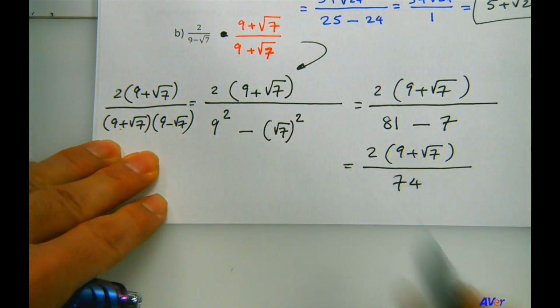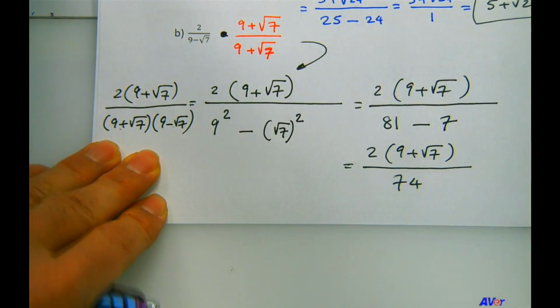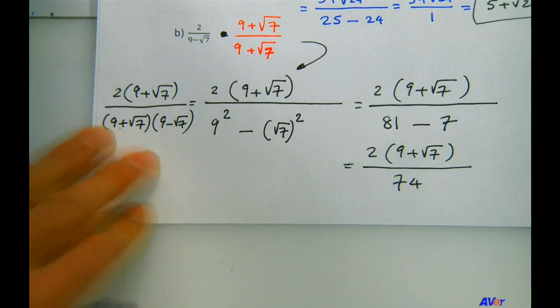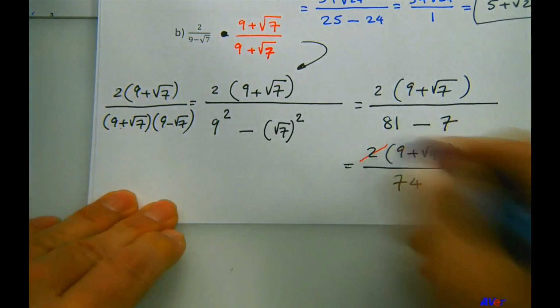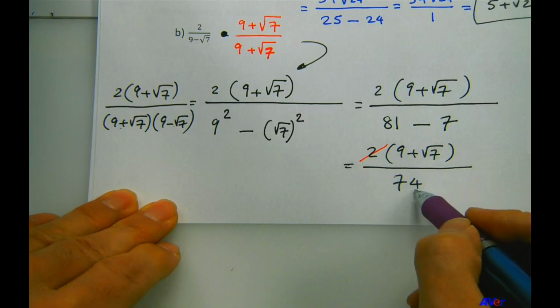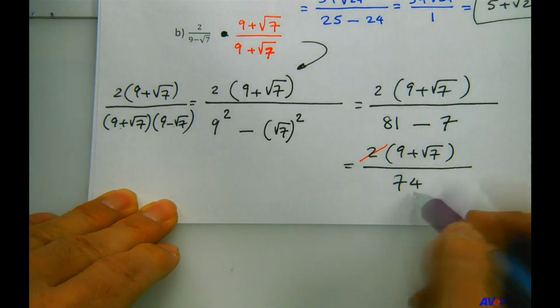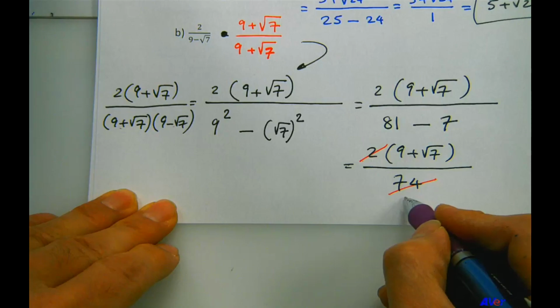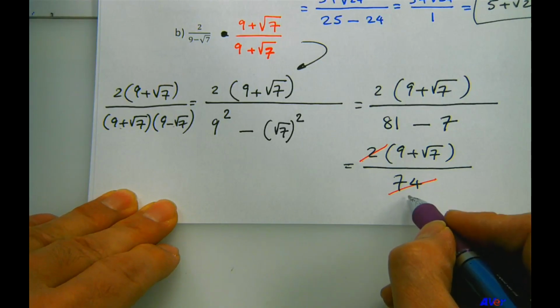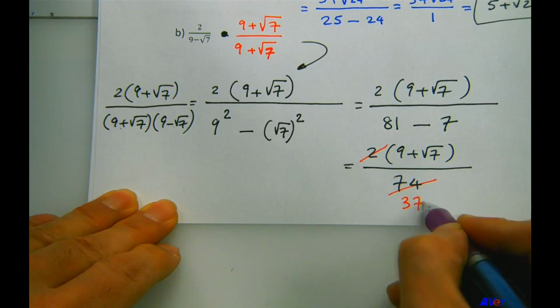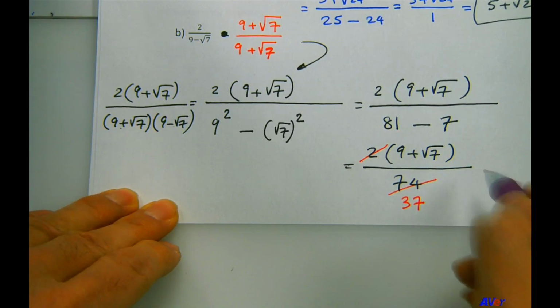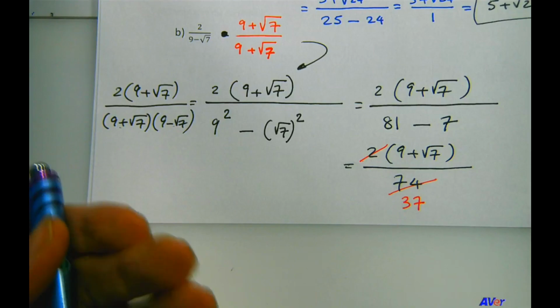Positive 74. Is there something we can do to simplify this? Absolutely. 2 is a factor of 74, so we have the 37, right? Yes, 37 here. So we end up with the final answer.